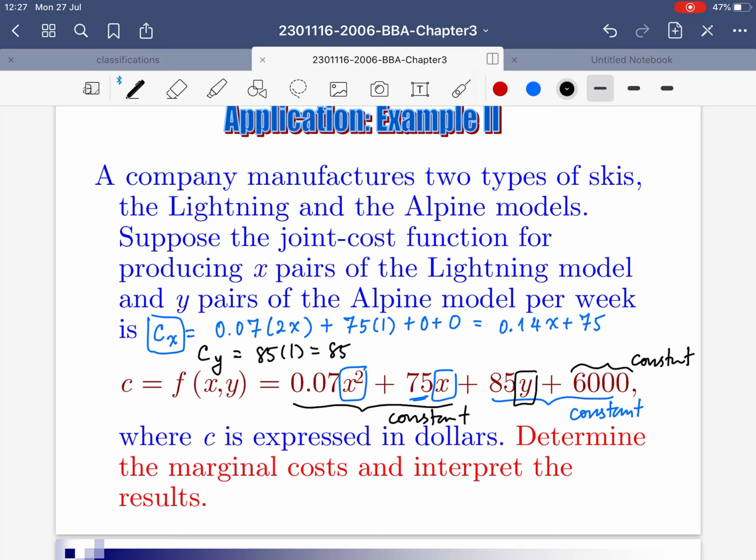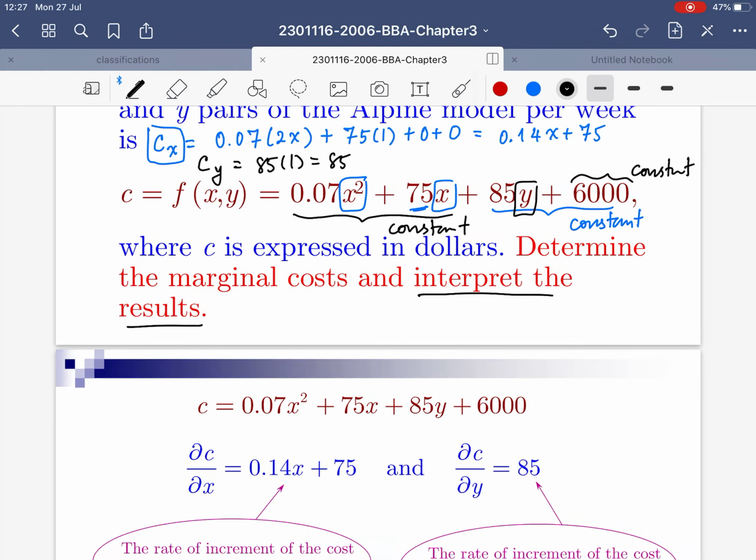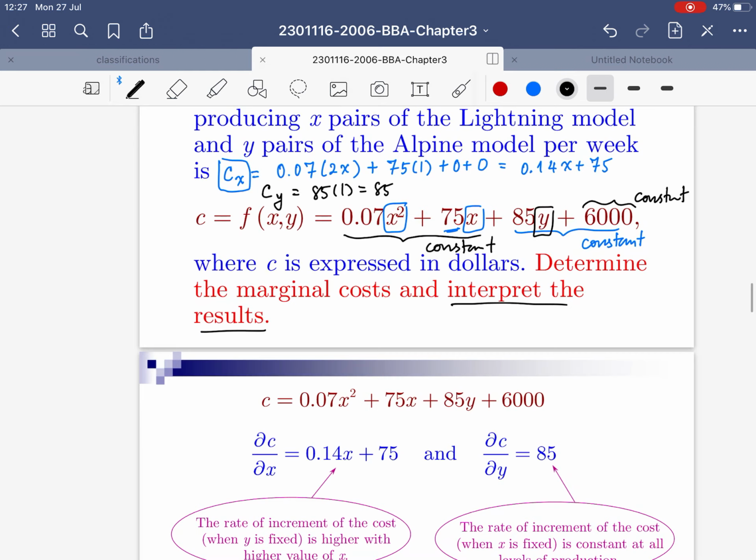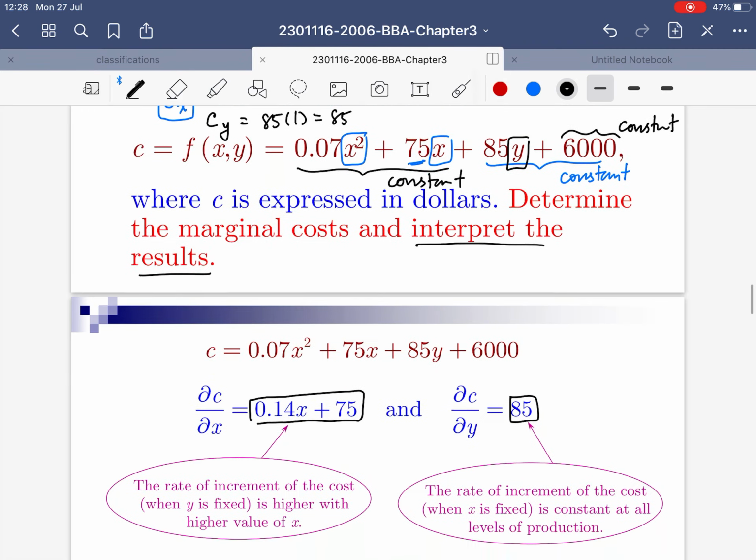Okay, so let us try to interpret the results that we got. Like I told you, this is the same thing: the marginal cost with respect to x and the marginal cost with respect to y.